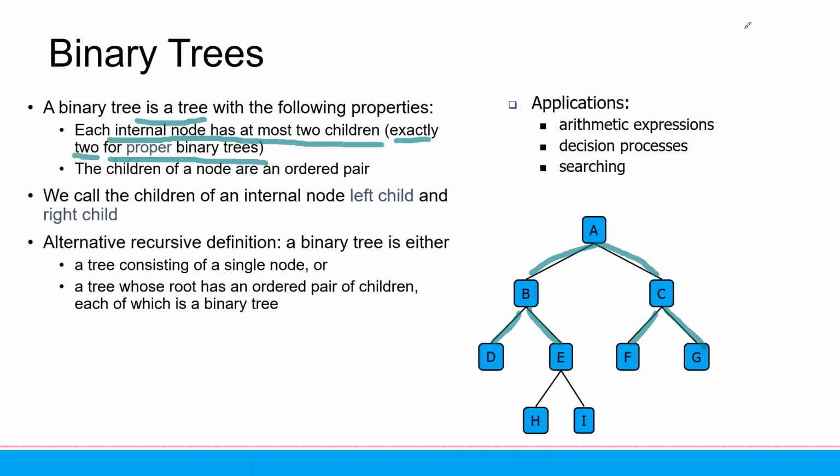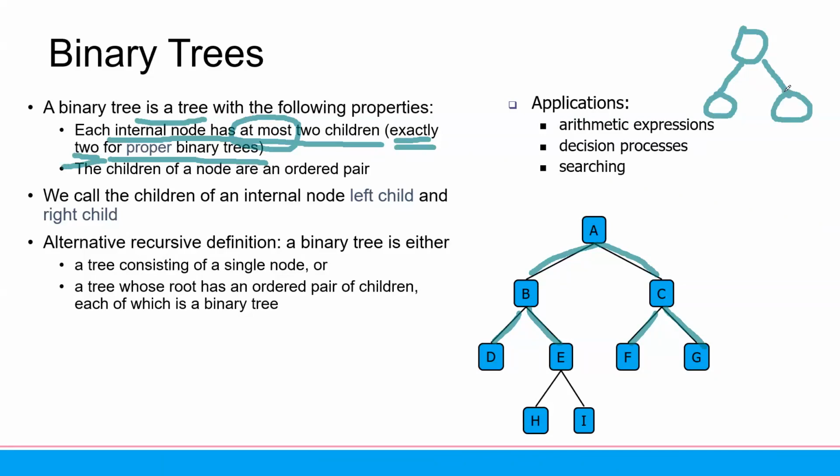But if it is, for example, I have a node, and then I have only one on the left, okay, we call it, this is at most. What does it mean, at most? Maximum 2. So it means if only 1, this is also okay. However, exactly 2, it means every node will have 2 child nodes.